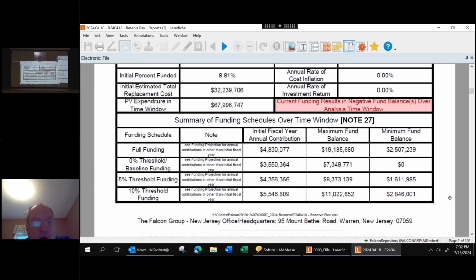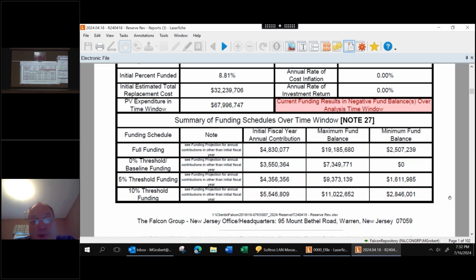The zero threshold baseline allows your balance to go to zero at any point during the 30-year term, while still having enough in your account to replace items as they need to be replaced per the schedule. That's $3.5 million. Now, that said, we do not recommend any associations do a 0% threshold baseline funding.